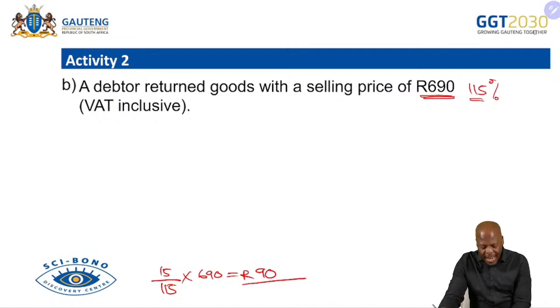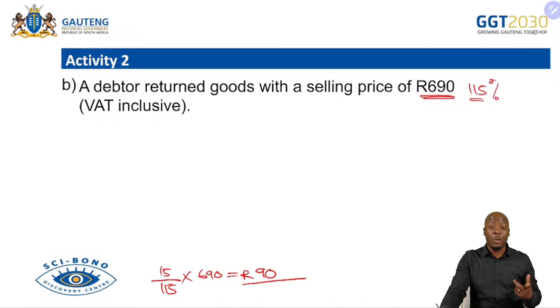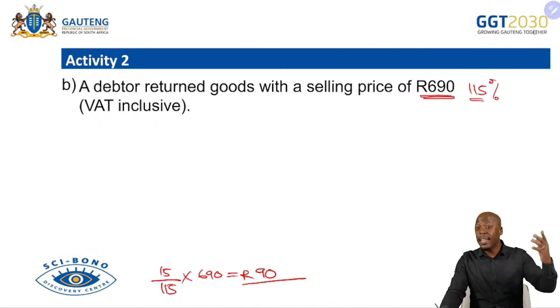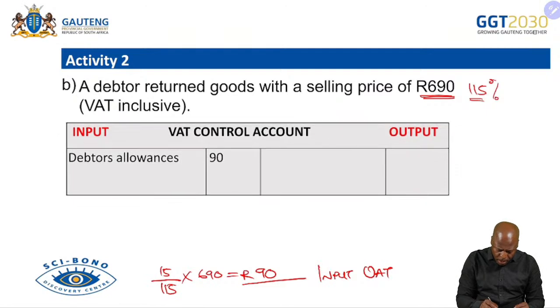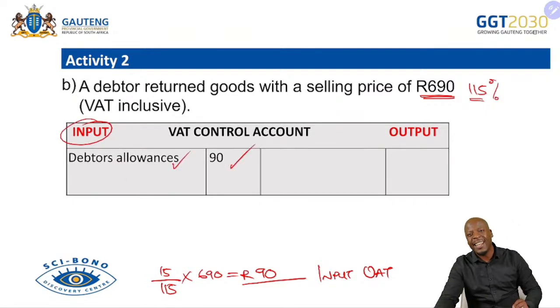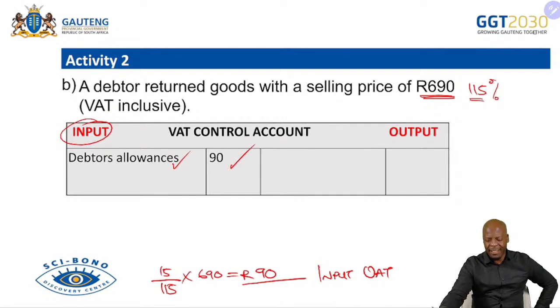That becomes my VAT. Debtor returned goods. Look at the direction of those goods now. If a debtor is returning goods, are they going out or coming in? A debtor is returning. Therefore, it becomes input VAT. There it is on the input, under my debtors allowances, and there is my 90 rands.